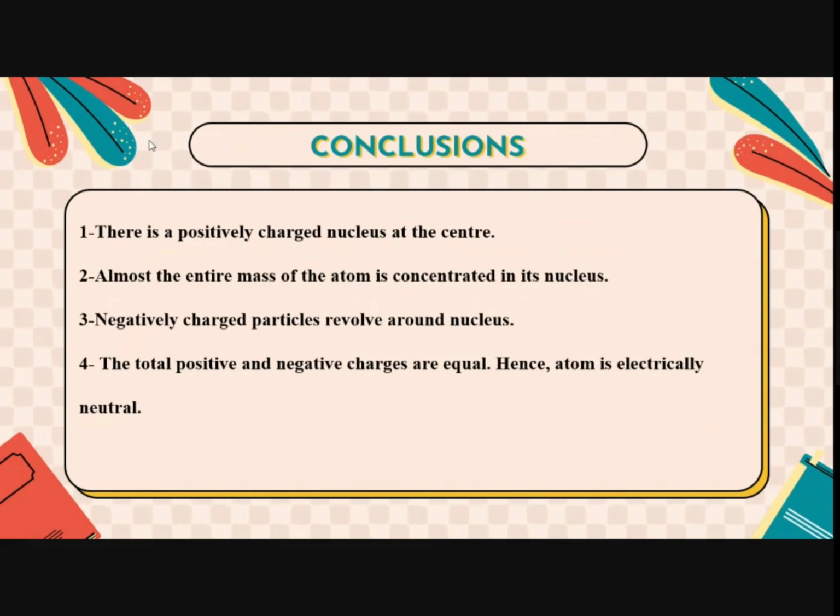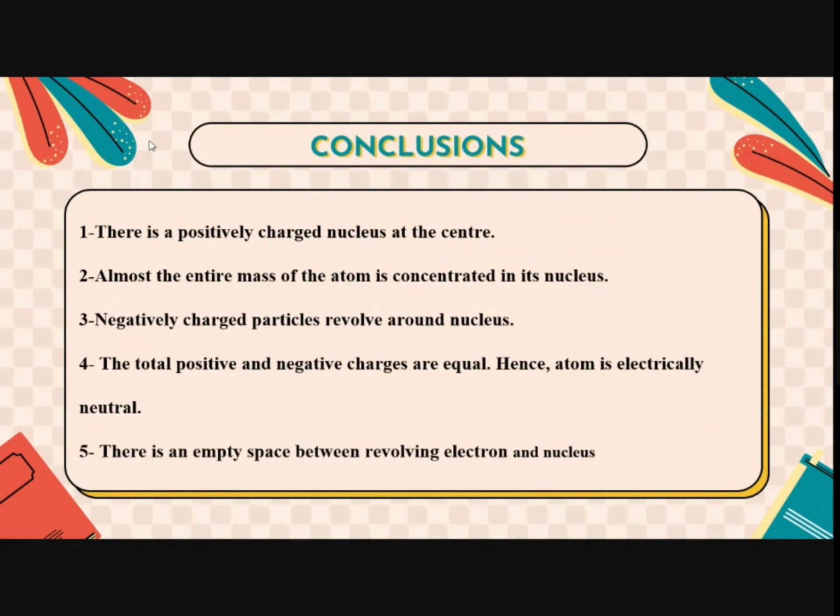So he agreed with this statement of Thomson, but he differs in the sense that, unlike Thomson, who said that all the electrons are embedded in the nucleus, he says no, the electrons are not embedded in the nucleus. The nucleus is heavy, it is dense, it has a positive charge at the center, but the negative charges are not present in the nucleus, they revolve around it. So that was his fourth one.